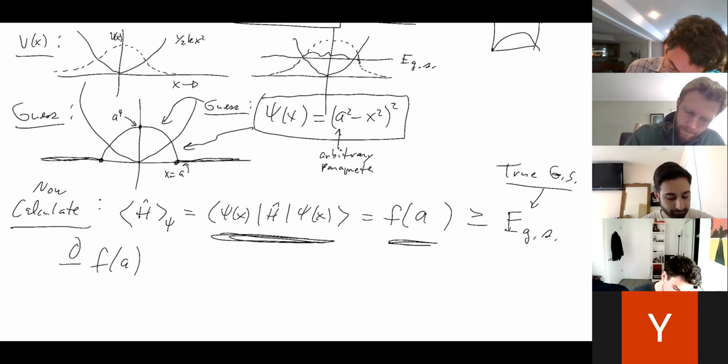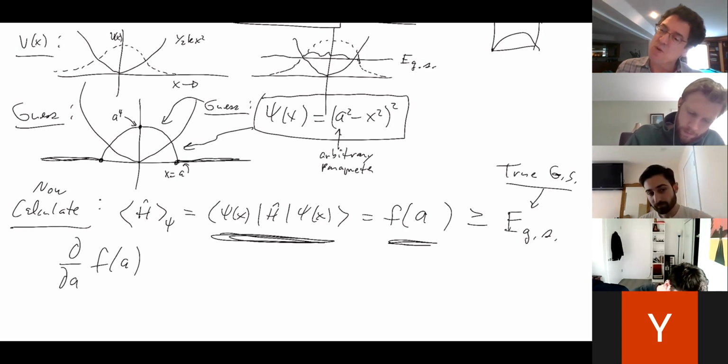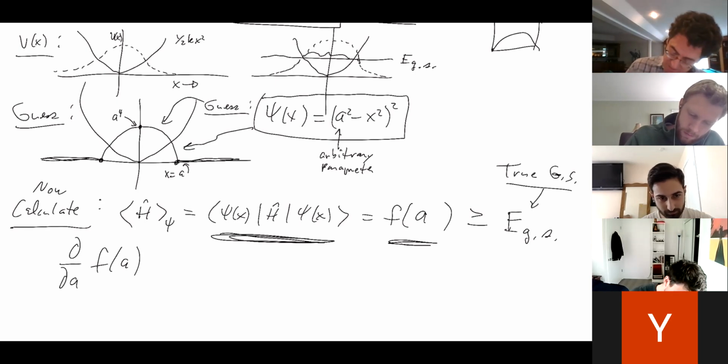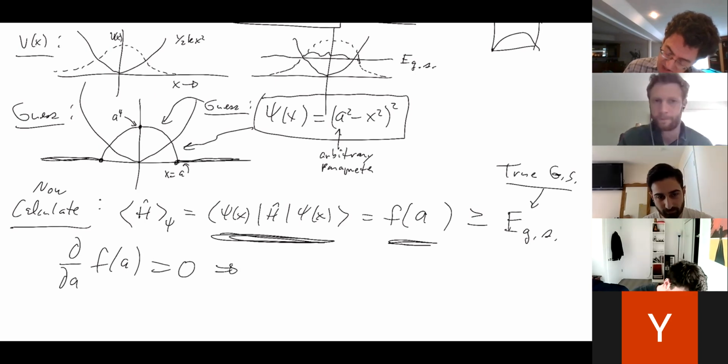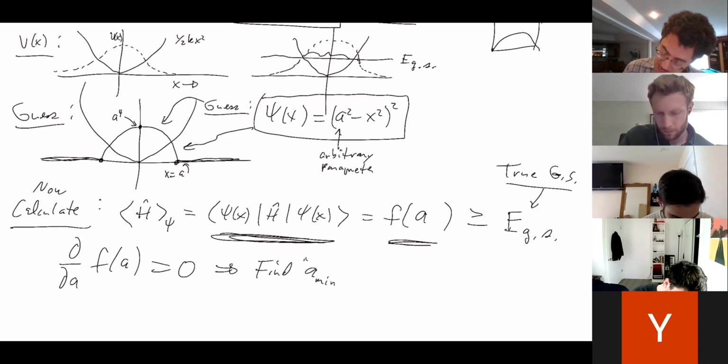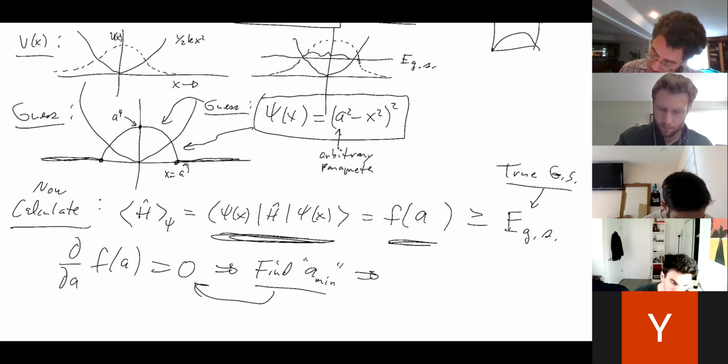Exactly. And once I get that derivative, what do I do with it? Find where the derivative equals 0. Exactly. And then I find the minimum value, I'll call it a min, by solving this equation, and then I plug it in.